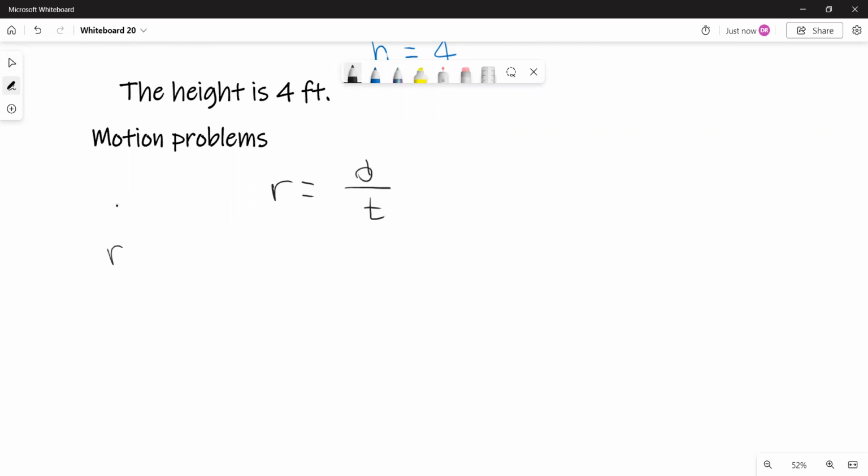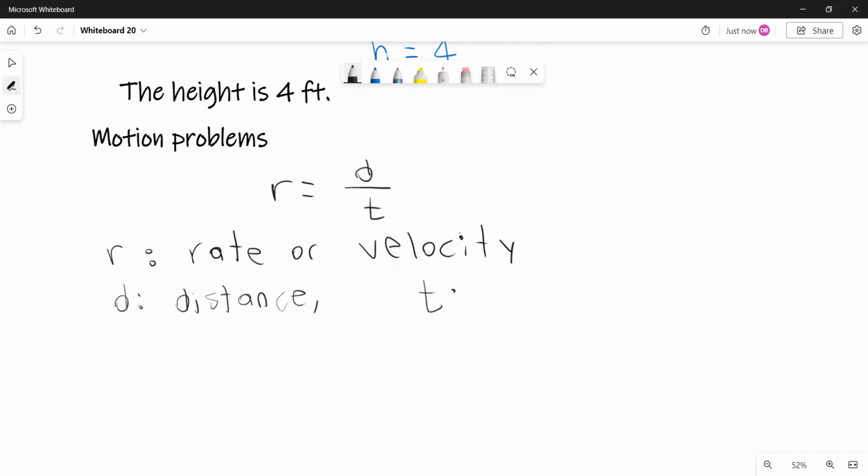Where R is the rate or velocity, or the speed. In more advanced physics, velocity and speed are not the same thing, but for now we're going to think of them as the same thing. D is the distance traveled, and T is the time elapsed.